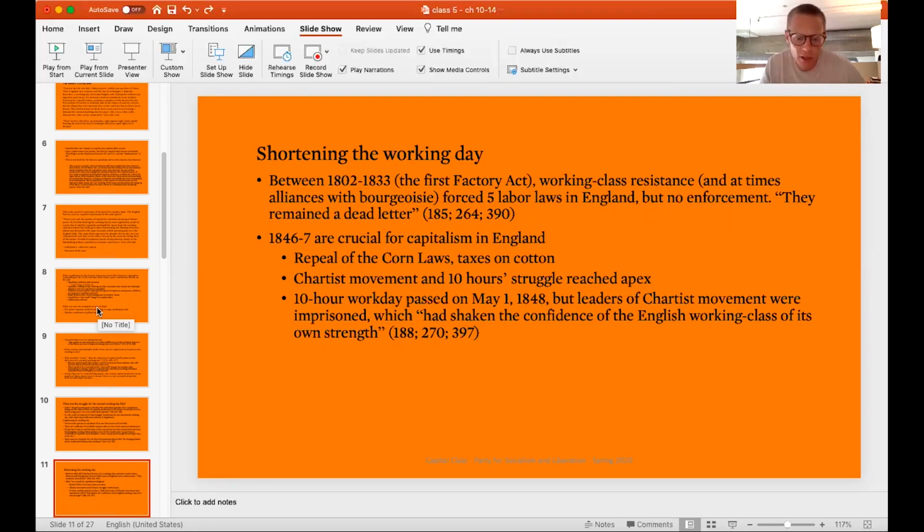Corn laws, or wheat laws, were tariffs on imported wheat, which kept English landlords wealthy because they didn't have to compete with others, right? So they could set the price in accordance with their value, their socially necessary labor time. They didn't have to match it against the socially necessary labor time of other countries. And capitalists campaigned against this because it would hurt the landlords, right?